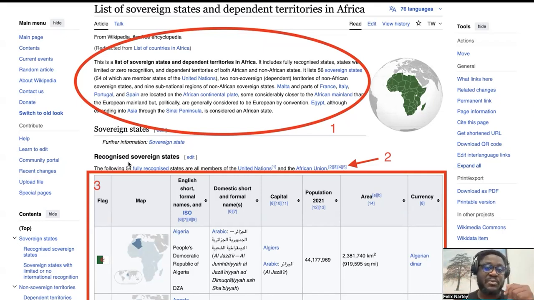And so, for example, there is a fact here at 2 that says that the following 54 fully recognized states are all member states of the United Nations and the African Union, right? So this is a fact that is being claimed as part of the description and hence requires a citation to prove that. And so in this list article, as you're looking right now, there's only one citation that is being seen in here. All the other things are not necessarily citations.